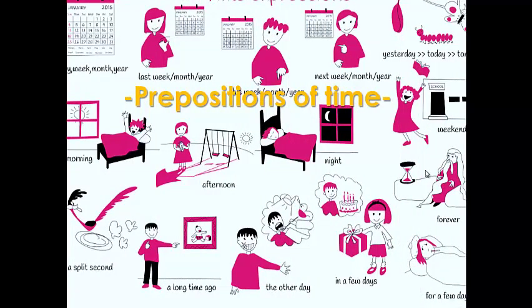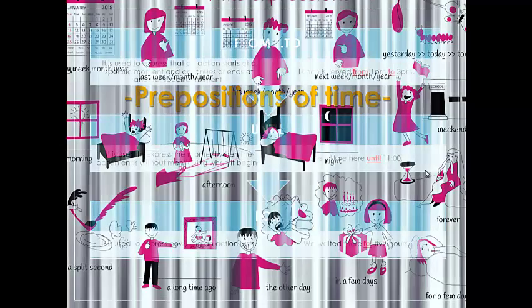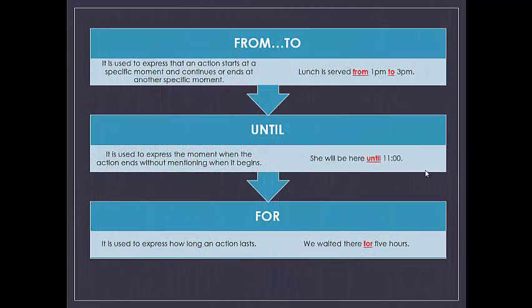Prepositions of time. These are other prepositions of time that are widely used. From to. It is used to express that an action starts at a specific moment and continues or ends at another specific moment.